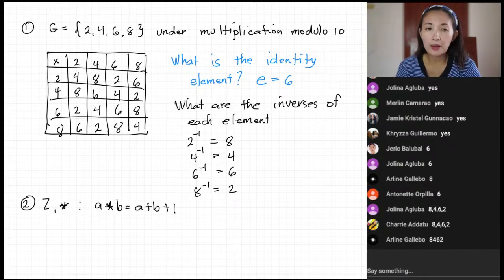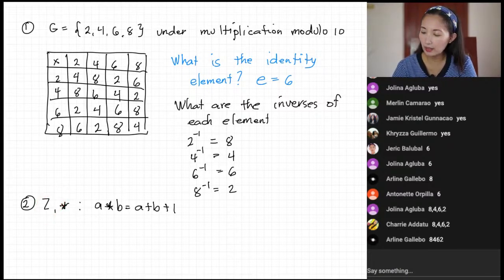So that's how the operation asterisk is defined. A star B is equal to the first plus the second plus 1. The sum plus 1, that's the meaning of star. The sum of the two numbers plus 1, such that the two numbers are elements of the set of integers, Z. What's the question all about?